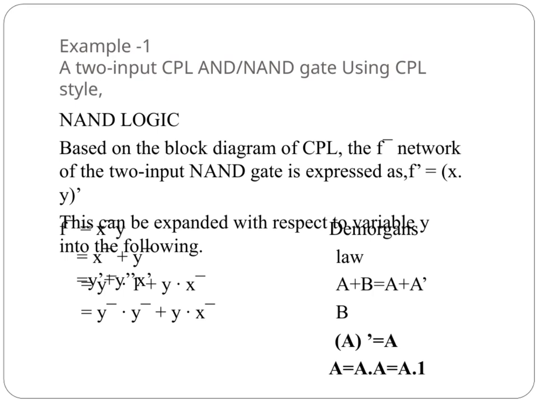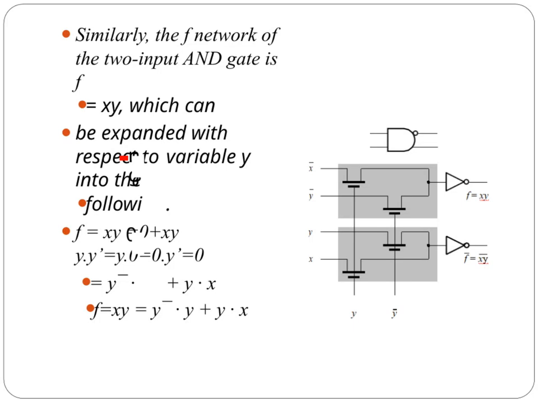the NAND gate. Here, we're looking at the function for a two-input AND gate, represented as f equals x and y, or simply xy. To analyze this, we expand the function with respect to one of the variables, in this case, y. The idea is to express f in terms of y and its complement. We start by writing f as xy, then rewrite it as y times x plus y complement times 0, since when y is 0, the function output is 0 regardless of x.